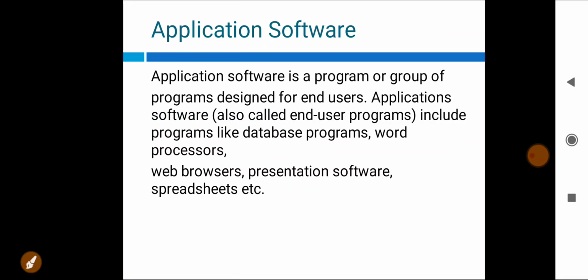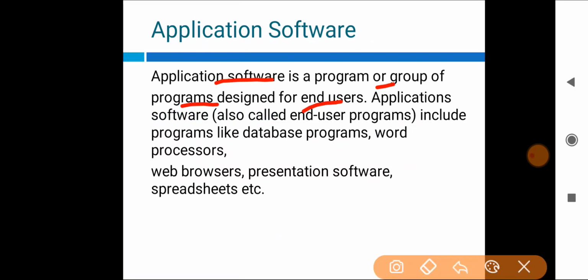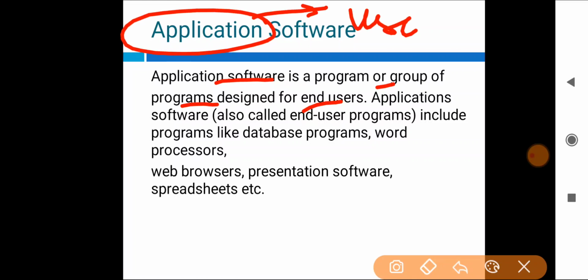Then the next is application software. Application software is a program or a group of programs designed for the end users. As the name itself indicates, application means for a particular use. So if you want to have software which will perform a specific task or a specific application, then this type of software is called application software.